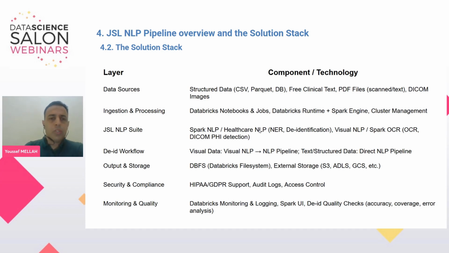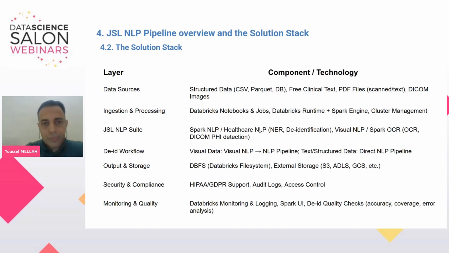For the JSL NLP suite, as I mentioned, it is a pipeline in which we can put multiple stages. Since we can have some visual documents like scanned PDFs and images and DICOMs, in this case, we need to use Visual NLP from JSL, then feed the output into the Healthcare NLP pipeline.